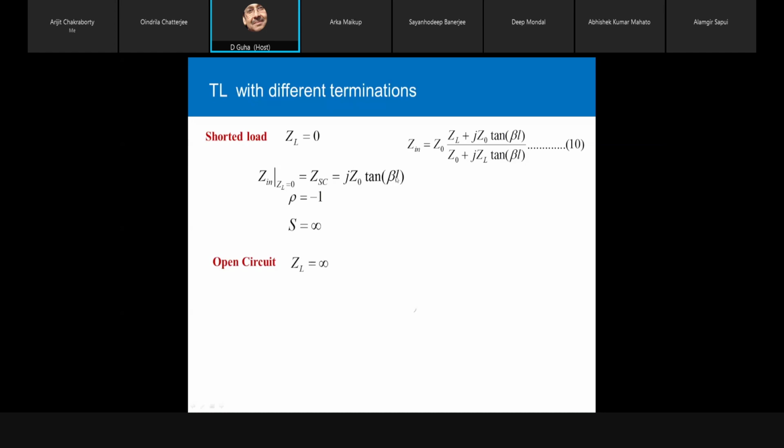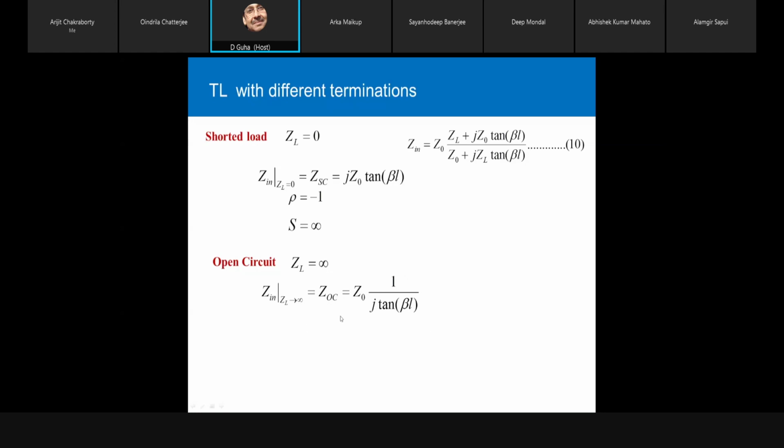Similarly, when it is open circuited, here you can directly write ZL, but here you cannot write ZL equal to infinity. You will have to manipulate a little bit so that ZL comes to the denominator. On the right hand side of equation 10, you divide both numerator and denominator by ZL. So you'll get 1 plus Z0 by ZL, and here you'll get Z0 by ZL plus 1. Then you put ZL infinity and you will get this value.